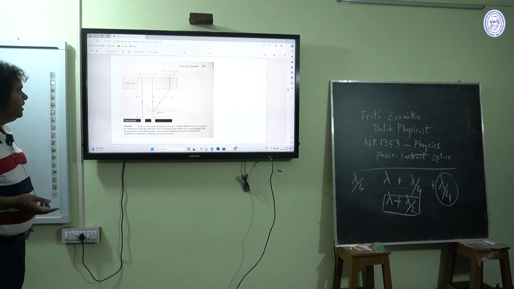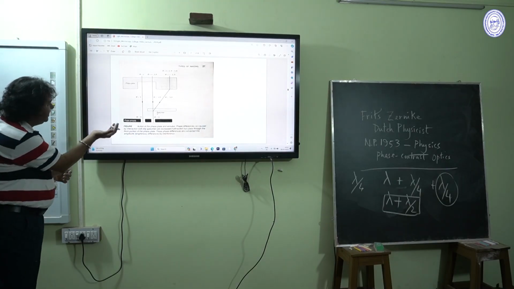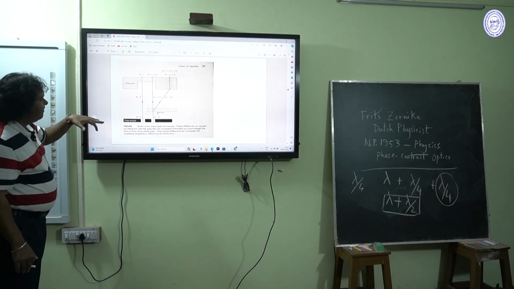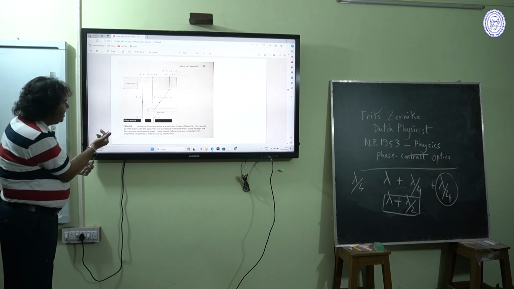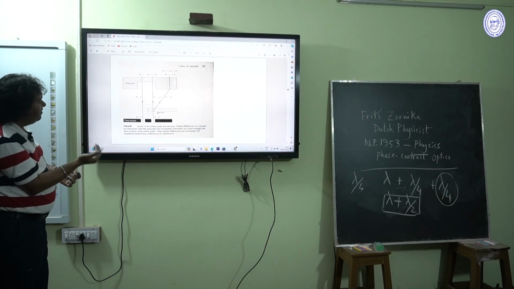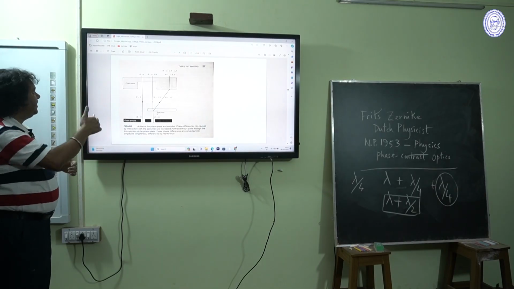This is the diagram by which the phase contrast microscope, by the action of the phase plate and phase annulus, creates phase differences.